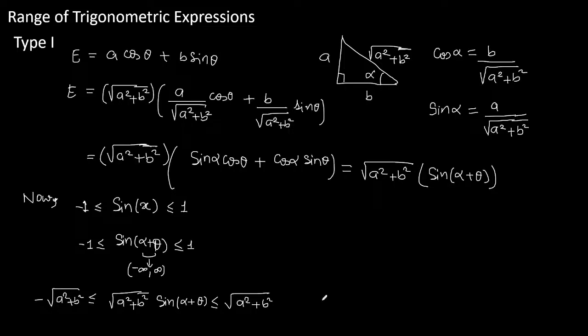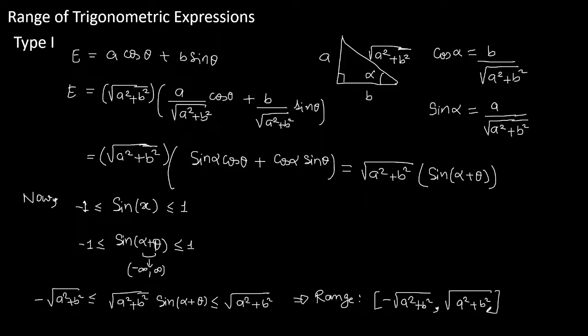So we can say that the range is from minus root a square plus b square to root under a square plus b square. This is the type 1.